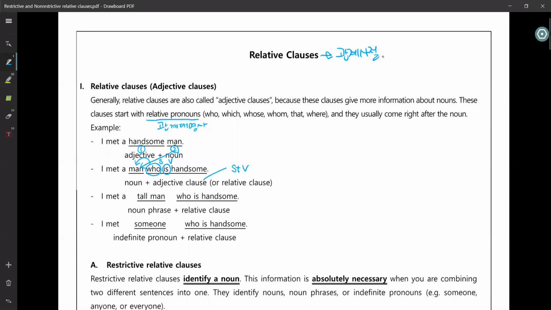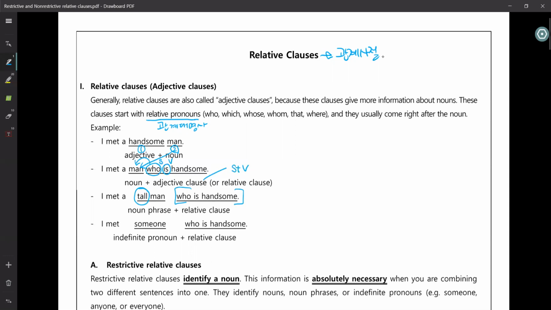The good thing about these adjective clauses is that you can use both one adjective and an adjective clause at the same time to give a little more information about this noun, right? This is being more descriptive.